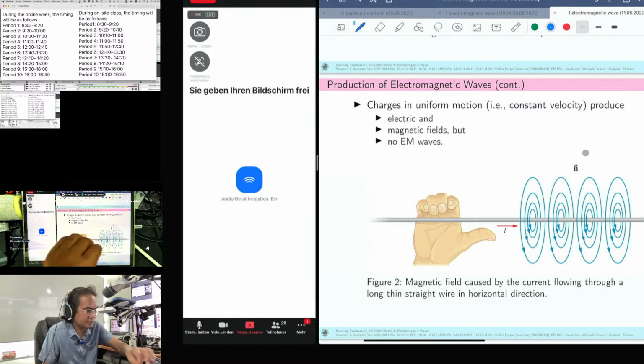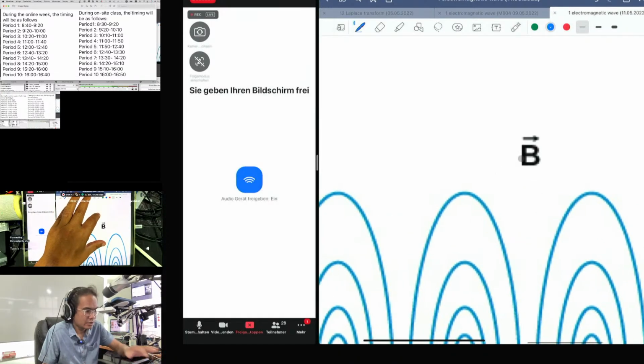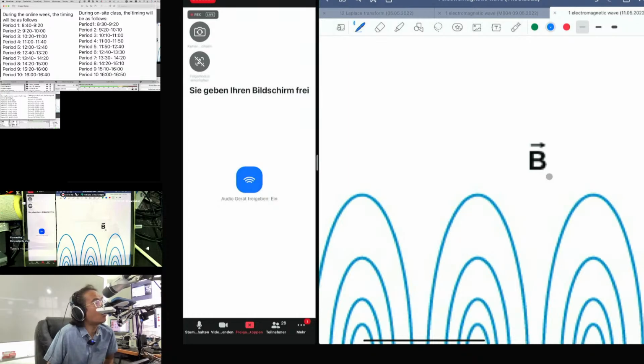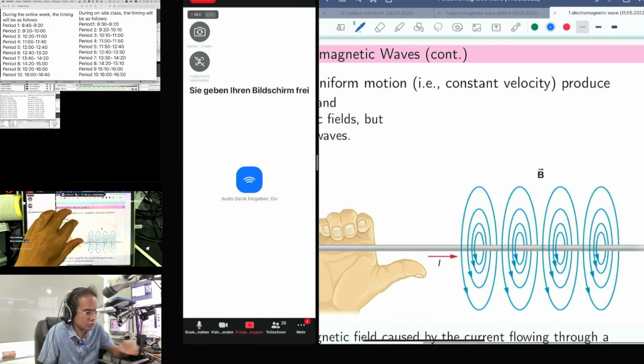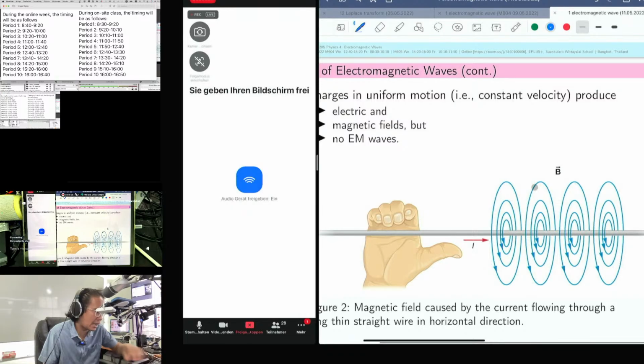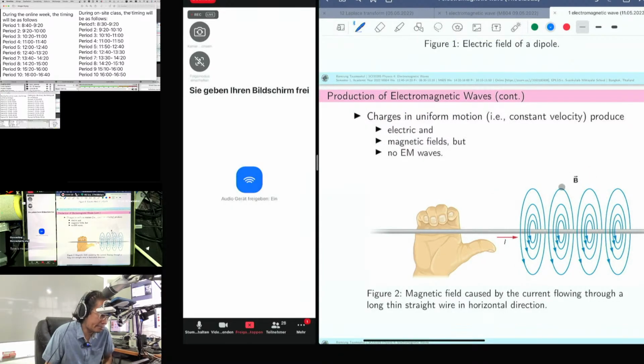We use the letter B to represent the quantity about the magnetic field. But one thing you need to know in physics is that we have two kinds of quantities, right? The first one is the scalar quantity. There is no direction at all. The second one is the vector quantity, right? A vector quantity has not only magnitude but also direction.